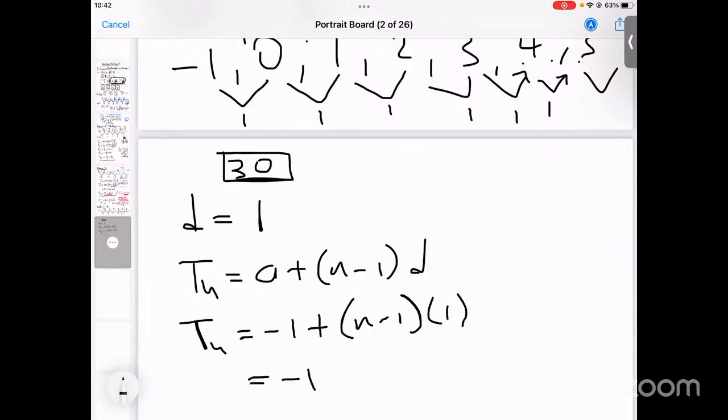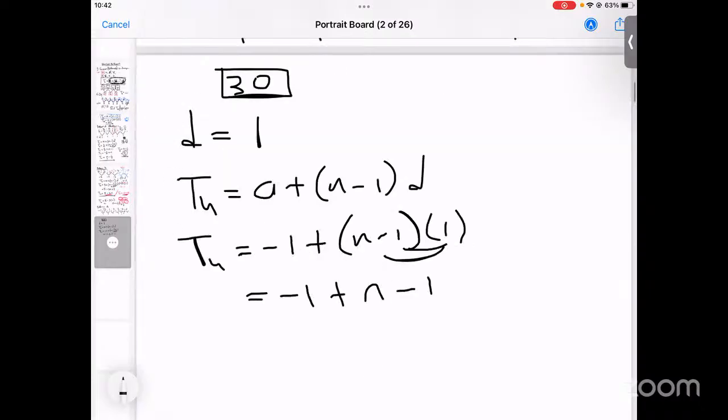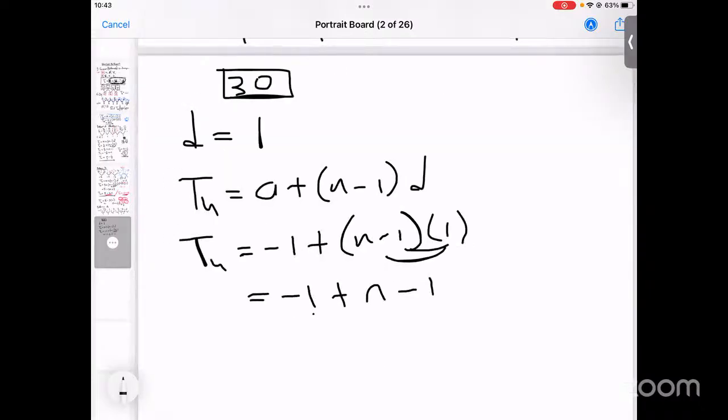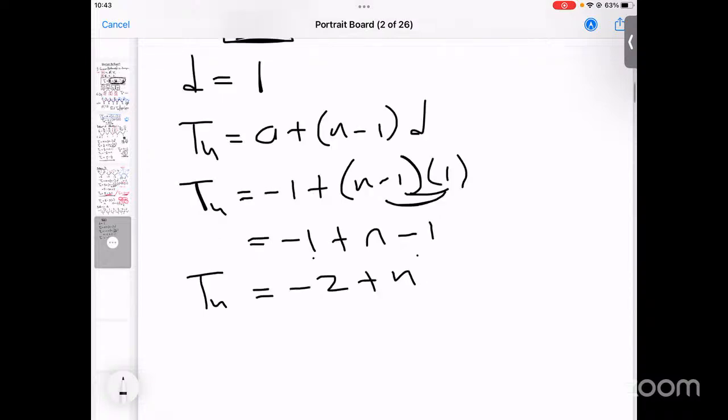So -1 plus n minus 1 gives you n minus 2. Your Tn is the same whether you write it as -2 plus n or n minus 2, exactly the same thing.